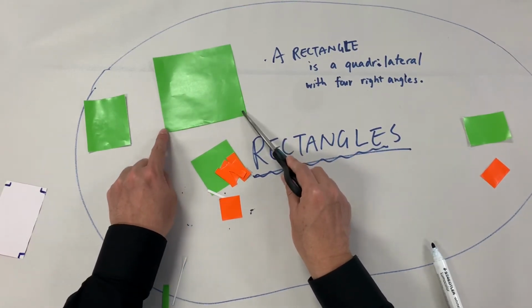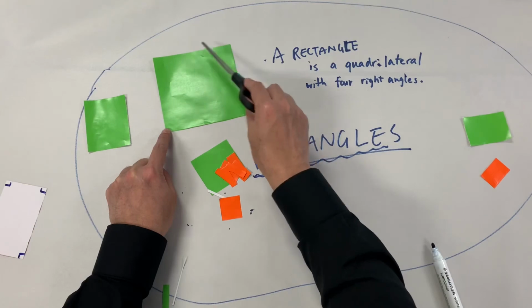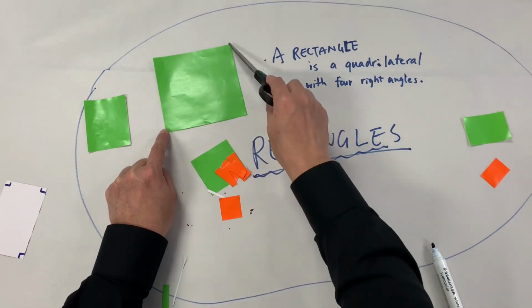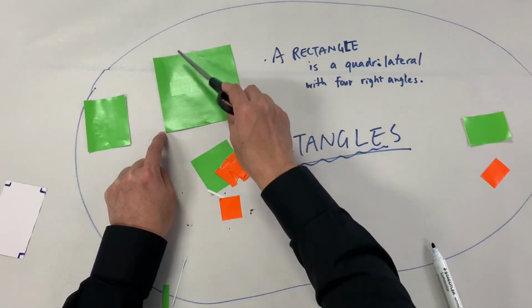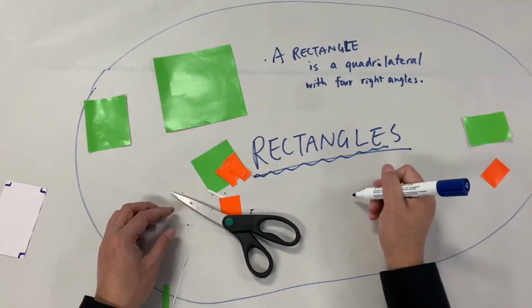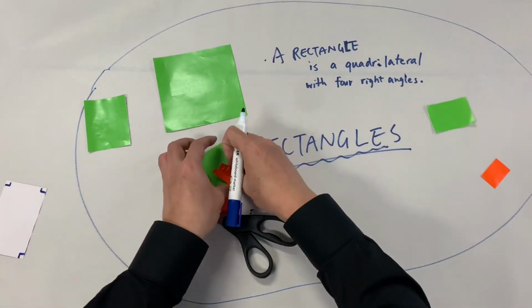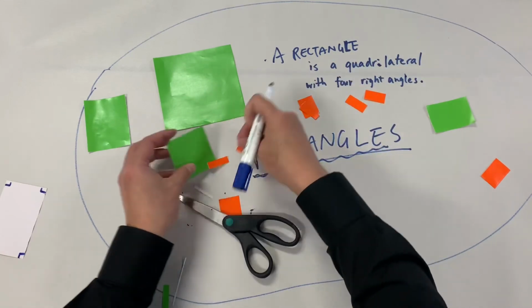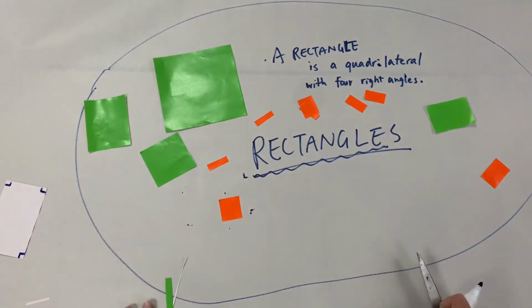Rectangle square has four right angles and happen to have four equal sides as well. So there's so many different rectangles in this rectangle family box.